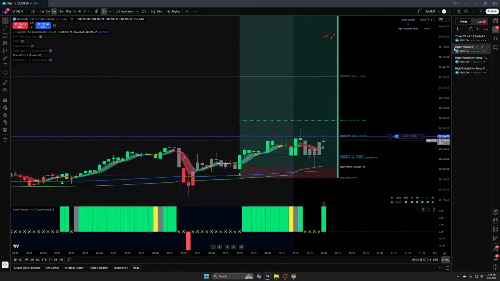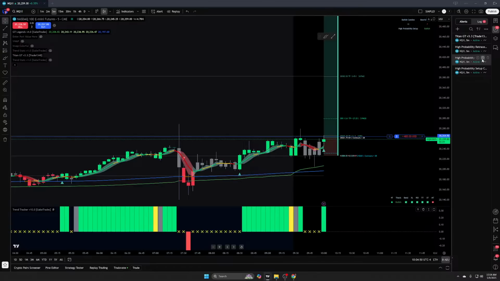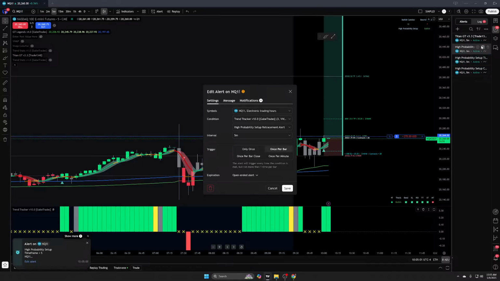That's basically how I have it set up. Let me make sure I have it set up right. I have here a high probability setup that's once per bar close. I want to wait for that. Then I have the other alert here, which is... wait, why do I have two of the same? All right, high probability setup retracement alert.